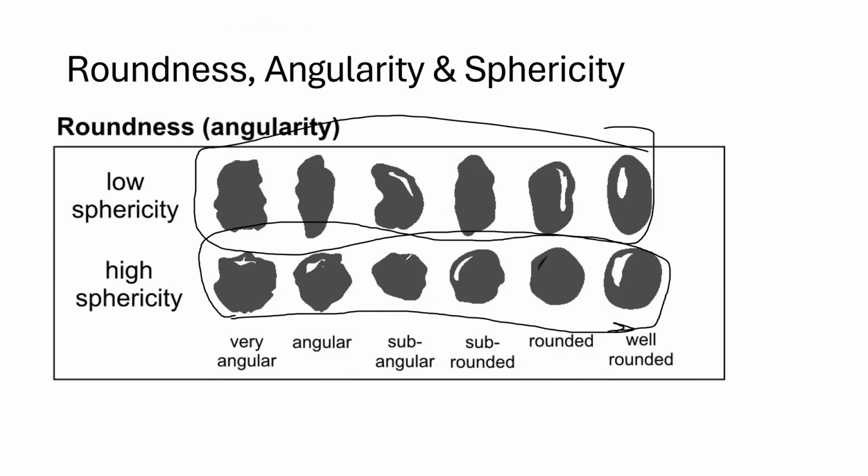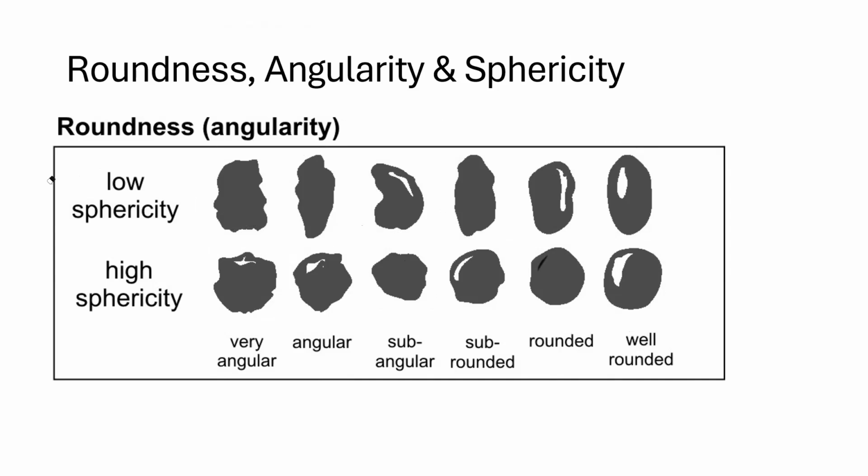But now, in terms of roundness, we are checking the corners. If the corners are smooth, then we would say this is well rounded. So let's check over here. Here you see that the corners are sharp.